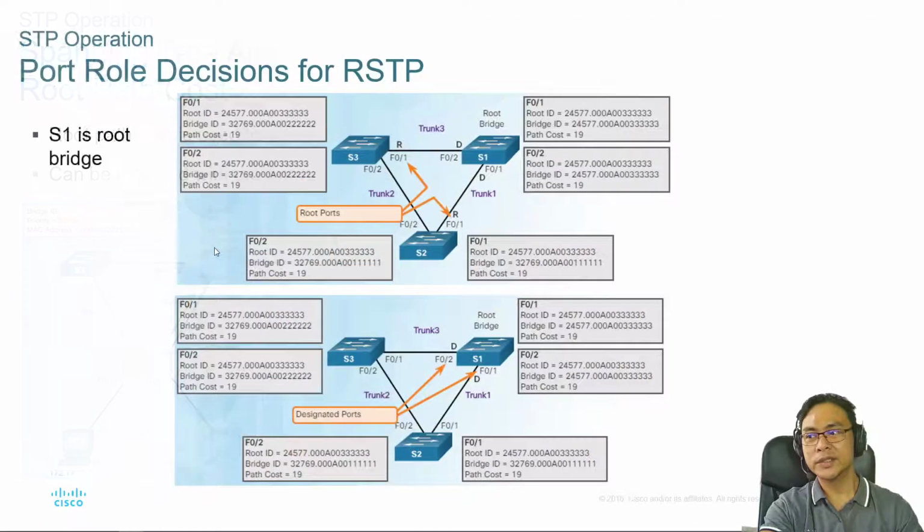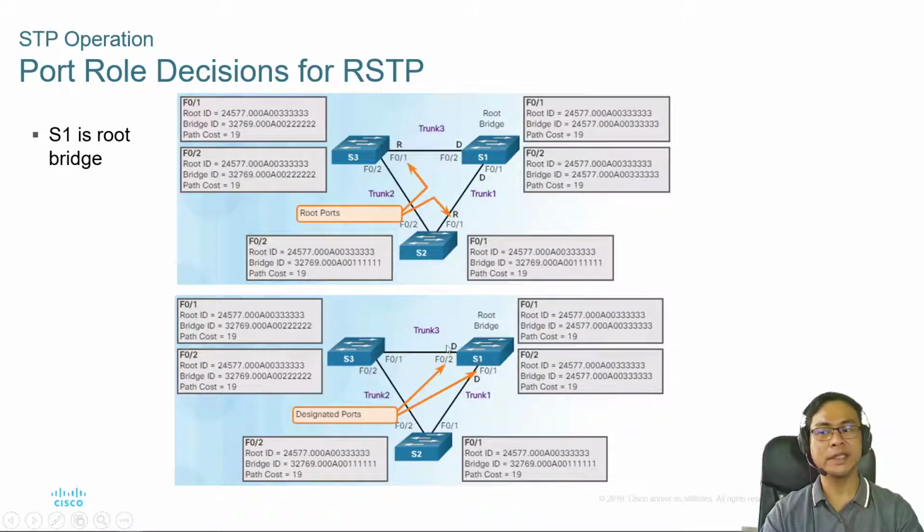Okay. So now, like what I've mentioned before, if the basis of our topology is like this, with S1 as the root bridge, then the root port will automatically be F01 of S2 and F01 of S3. So that's what we immediately see as the root port. And the designated port is the directly connected one.